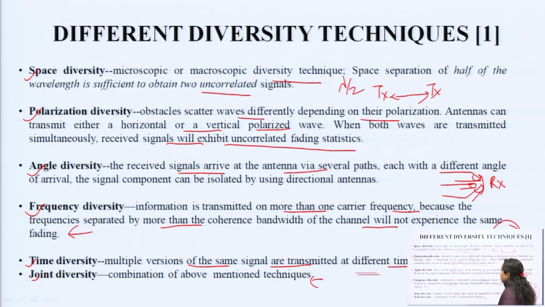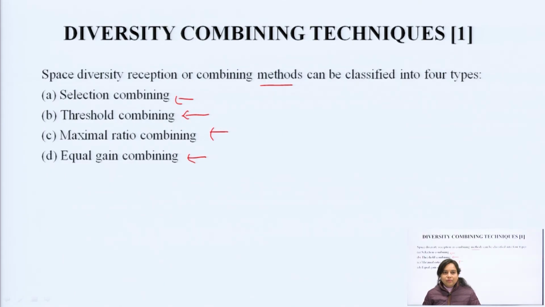In case of space diversity, let us say the distance between different antennas is lambda by 2, that is half a wavelength, then it is sufficient to obtain two uncorrelated signals. So, this is the combination of different diversity techniques that we have shown over here.